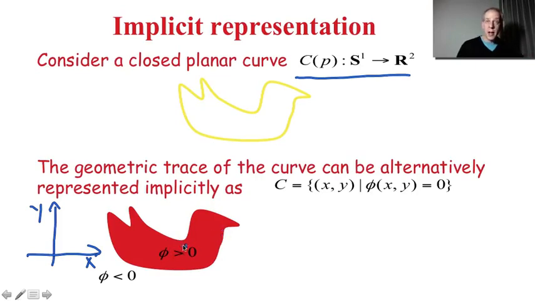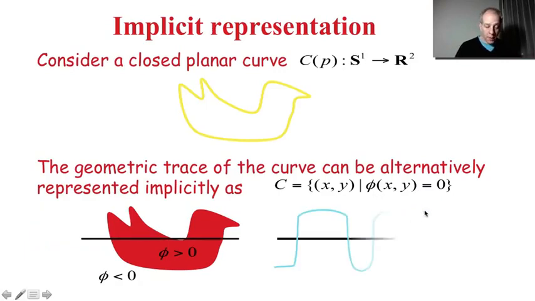Every point inside has a positive distance, and we define every point outside to have a negative distance. In that way, we define a function phi whose 0 set, called the 0 level set of that function, meaning all the points on the plane where that function is 0, defines a curve.